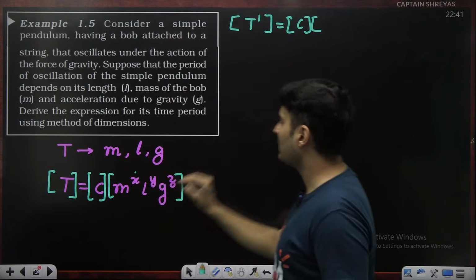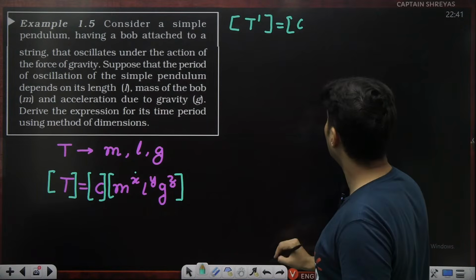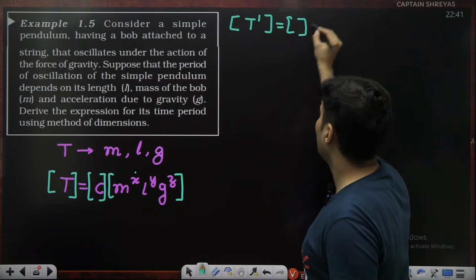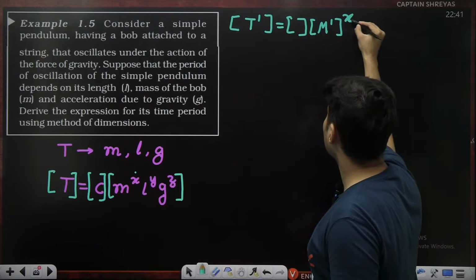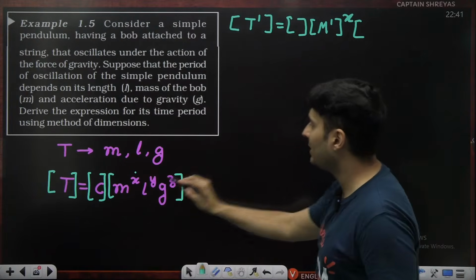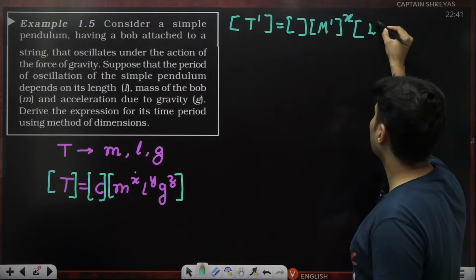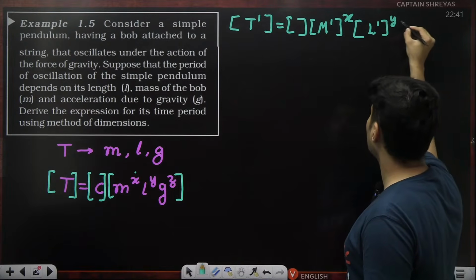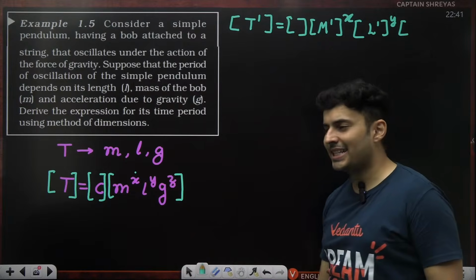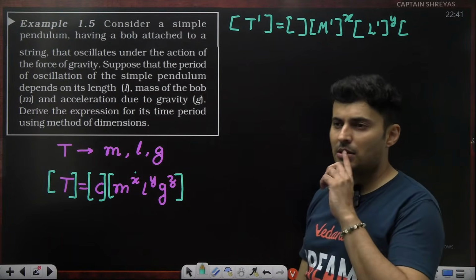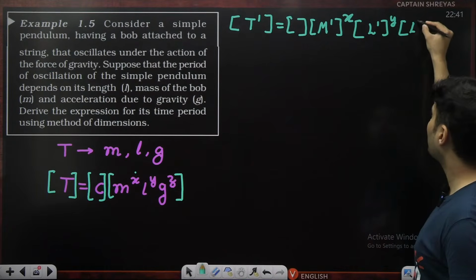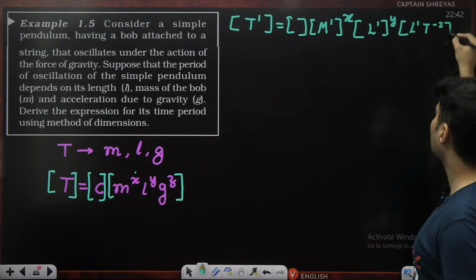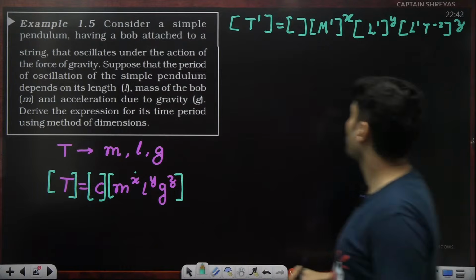What is the dimension of mass? M raised to 1, so M raised to x. What is the dimension of length? It is L only, so L raised to 1, so L raised to y. What is the dimension of acceleration due to gravity? Unit of acceleration due to gravity is meters per second square, so L raised to 1, T raised to minus 2, the whole thing raised to z.